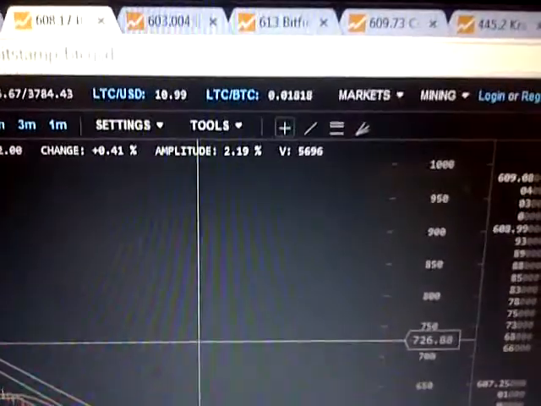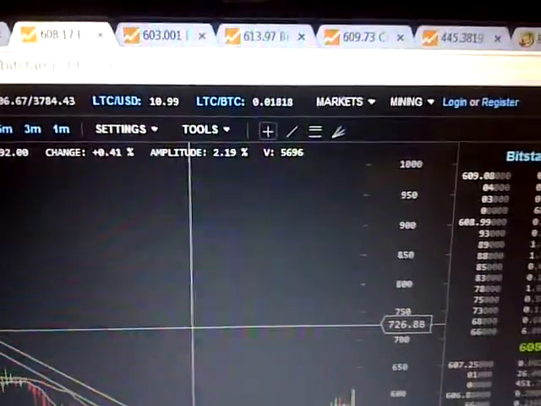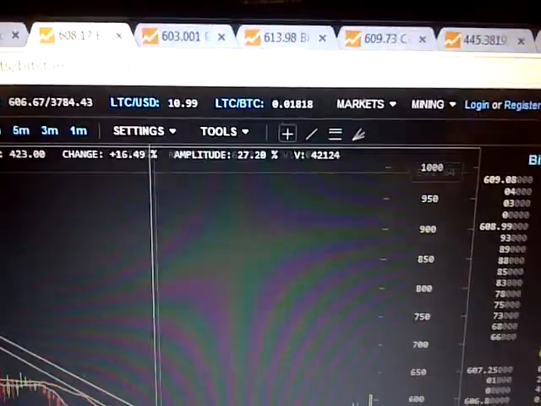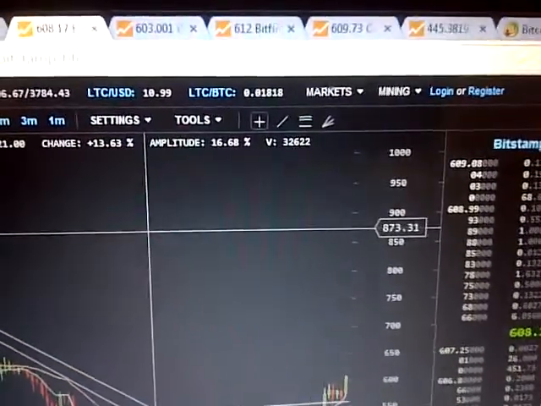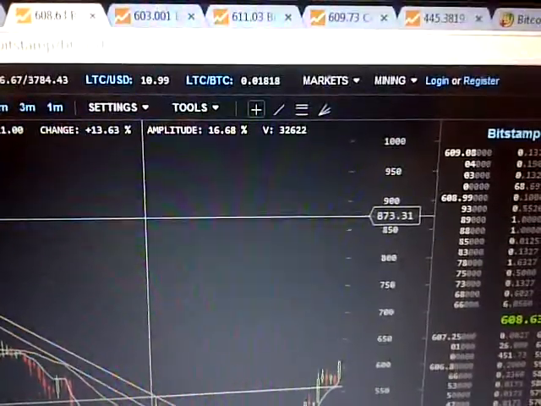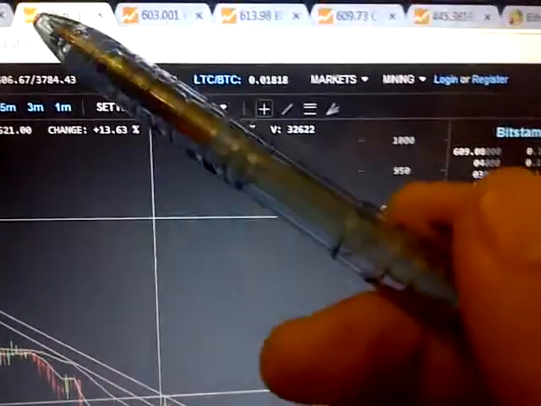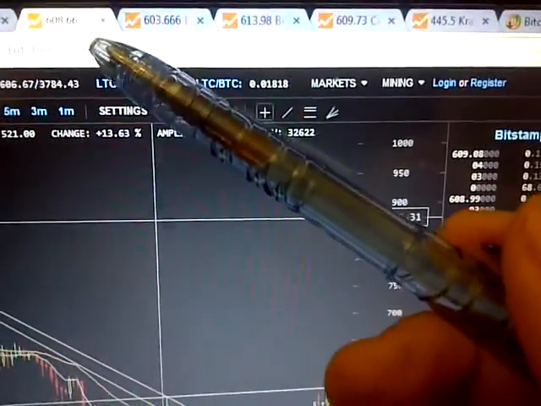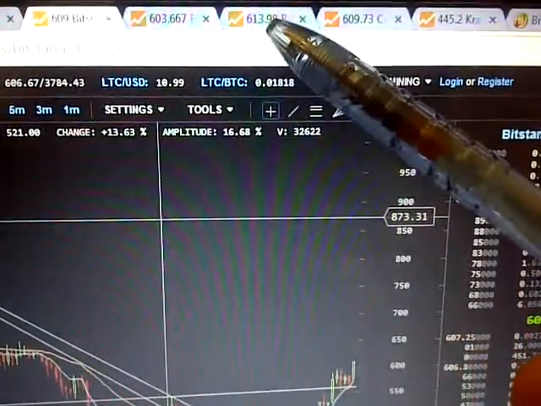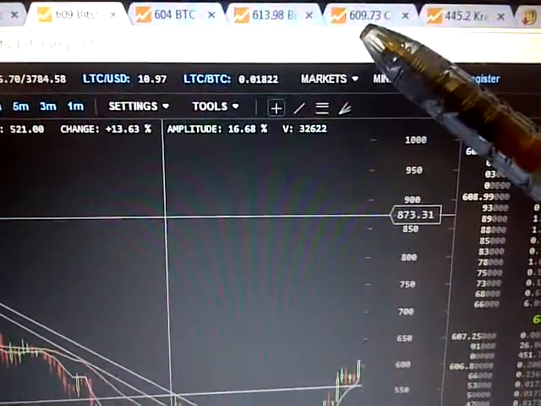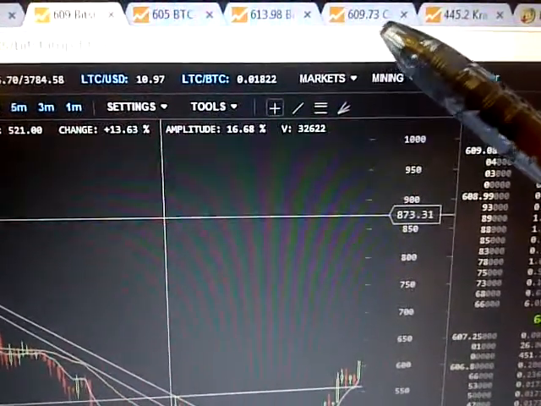But I just want to show you something here. If you look at these prices, this is Bitstamp, BitC, Bitfinex, Coinbase, and this is Kraken.